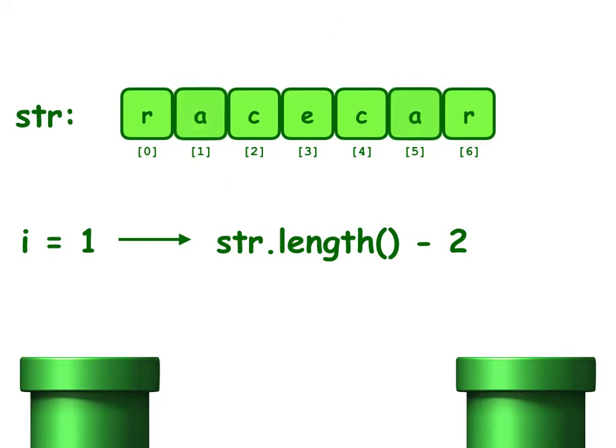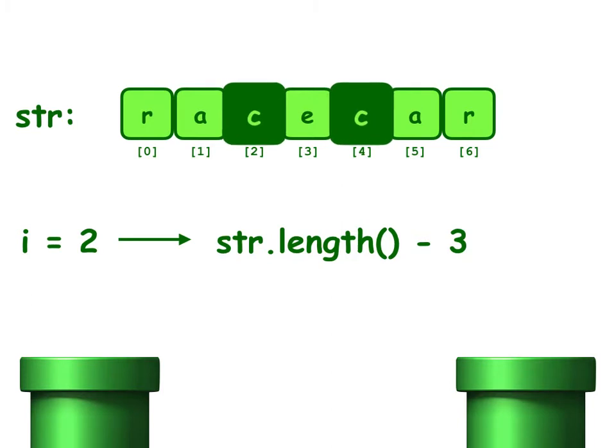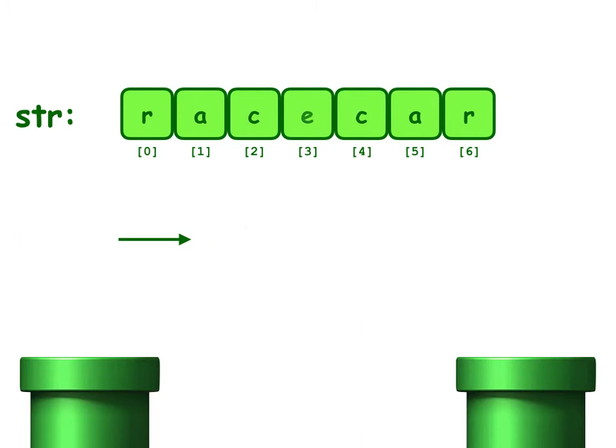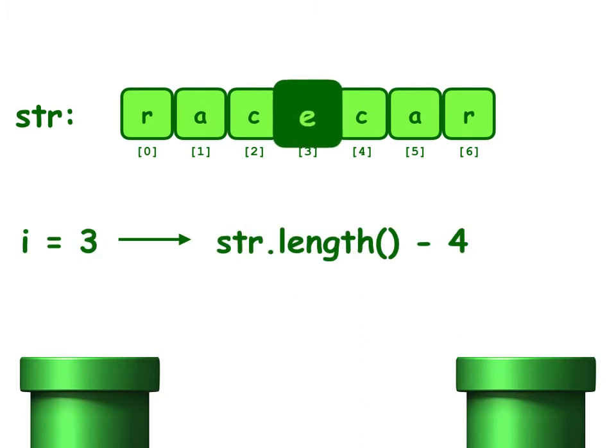Now, we increase i to 2 while also decreasing the right side. We compare, once again, the characters match. All is well. Increment the i value again, now i equals 3, and we decrement the right side. In this case, that brings us to one character. Obviously, any character compared to itself will pass the equality test, so this checks off.